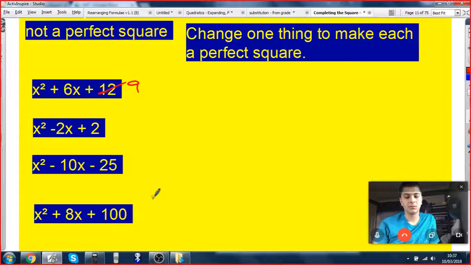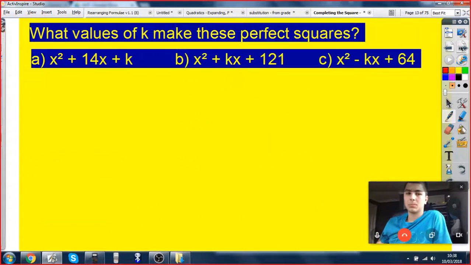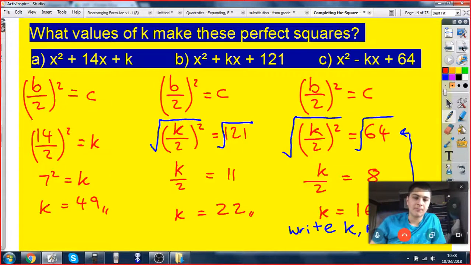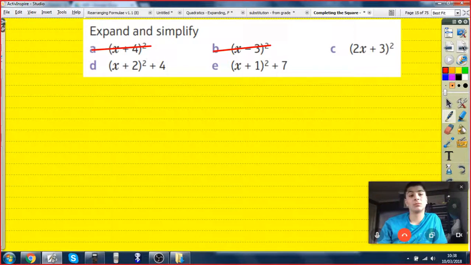Would it be x squared plus 8x plus 16? That'd be 16. That's right. Yeah. That's it. Okay, got it. That's the same idea. All right, let's just do the last one.